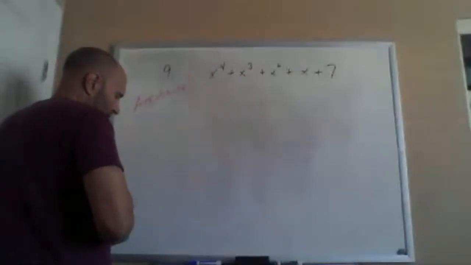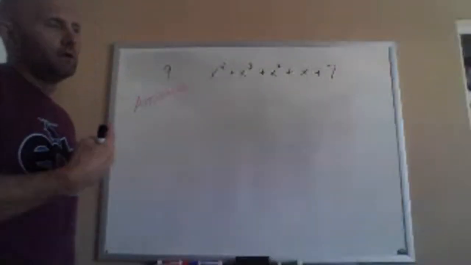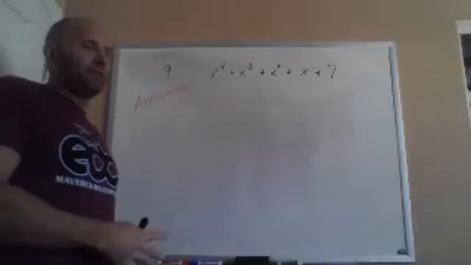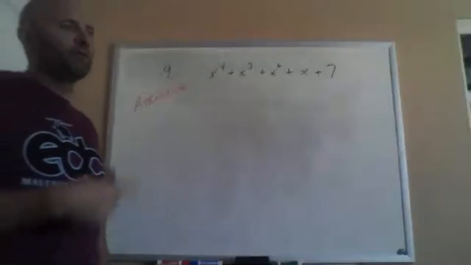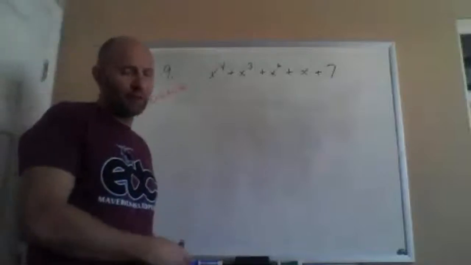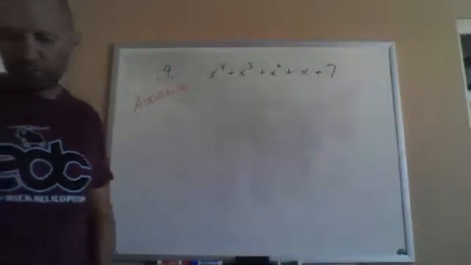So again, this will be the problem that you have in your Take It Out the Door notebook. So go ahead and try this one. Similar to the one we just did. The polynomial as it is, how many sign changes? If I change all the odd exponent terms, how many sign changes? And so then that leads me into how many real roots, or possible real roots, do I have?